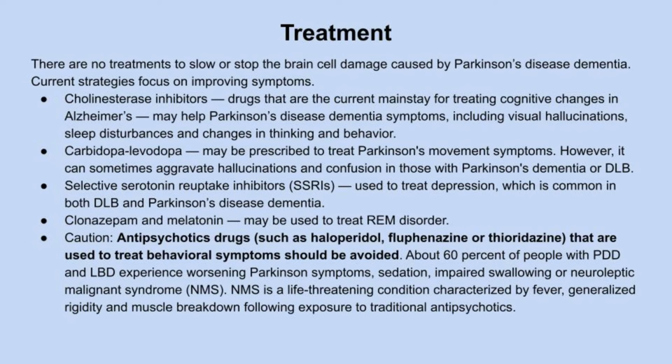So again, treatments: there are no treatments, unfortunately, to slow or stop the brain cell damage caused by Parkinson's disease dementia, but there are certain strategies for improving symptoms. The cholinesterase inhibitors, the drugs that are currently the mainstay for treating the cognitive symptoms in Alzheimer's, may help Parkinson's disease dementia symptoms, including the visual hallucinations, the sleep disturbances, and changes in thinking and behavior.